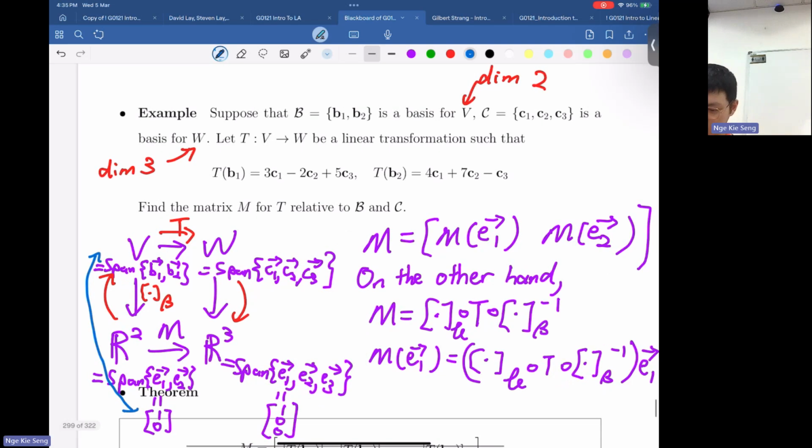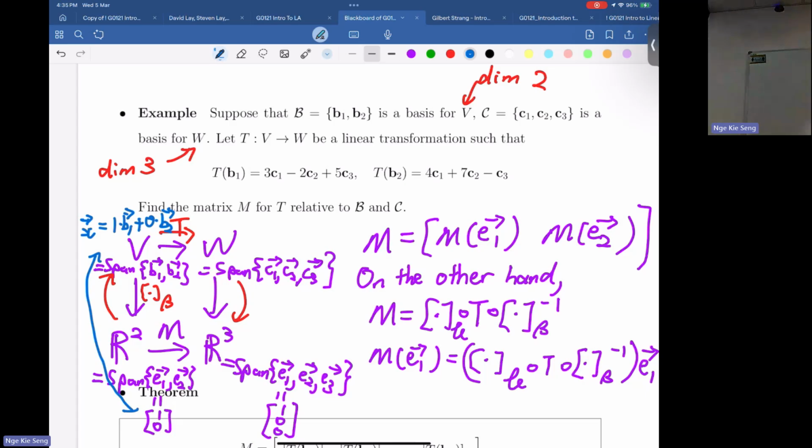Let's call the element X. X equals what? 1 times B1 plus 0 times B2. Correct or not? Because the entries of the coordinate vector represent the scalars in the linear combination. Does it make sense?